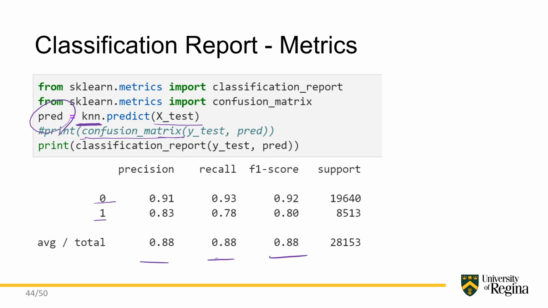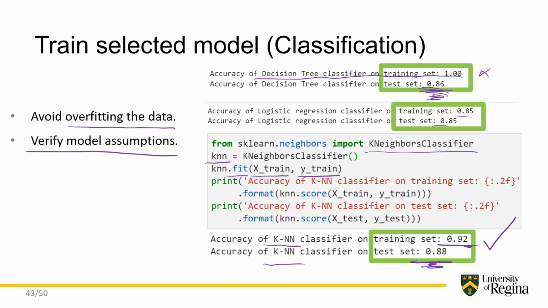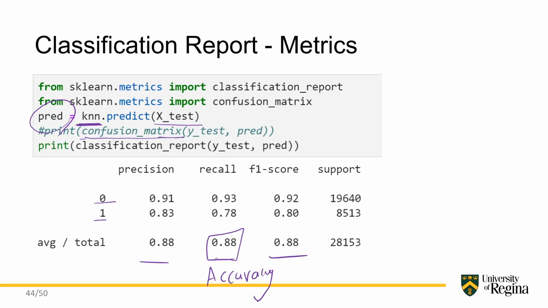The average recall is usually called accuracy, and that's why we have the accuracy of the KNN as 88%. In this case, everything is 88, but usually that's not the case.